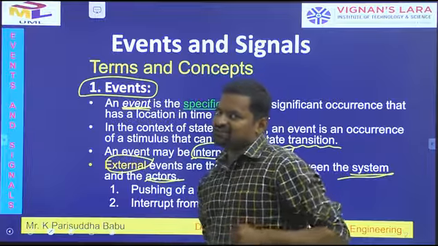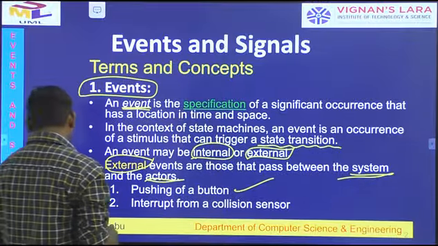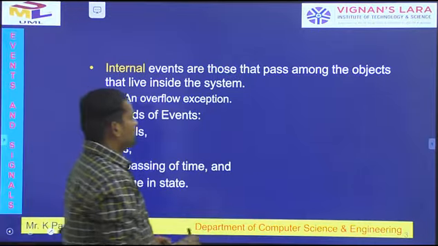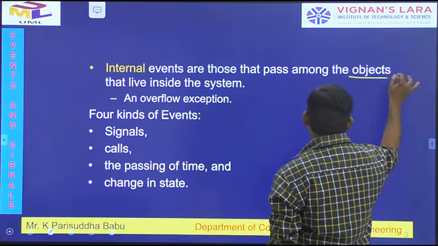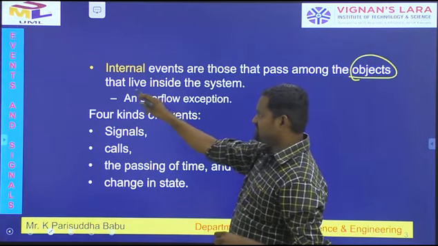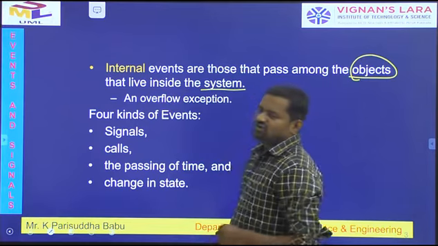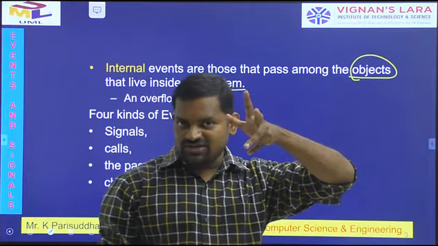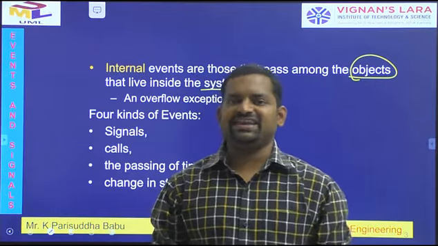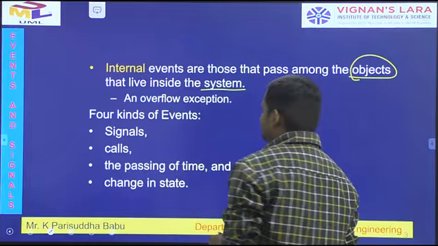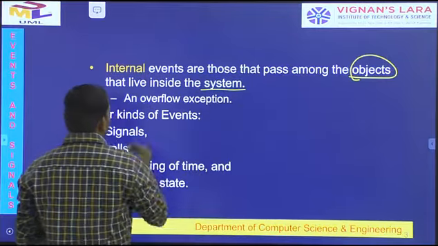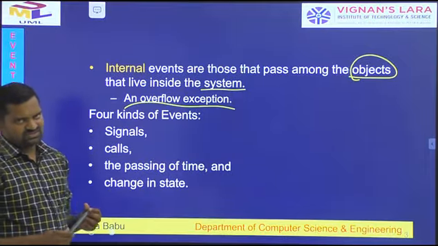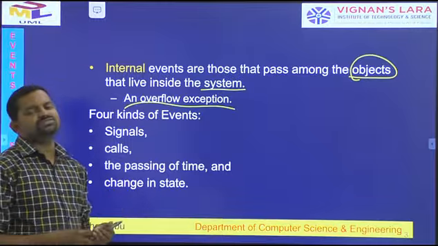Whereas internal events are passing among the objects themselves that lie inside the system. Between the objects inside the system, the internal events will arise and be triggered. For example, an overflow exception is an internal event, and it is done between the objects.